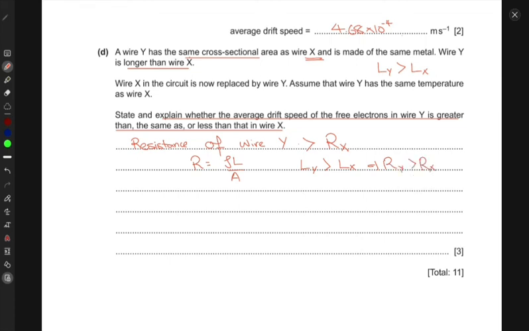So the resistance is high, which means that the current in the circuit will decrease. The current with wire Y will be less. If this current decreases, then we know that the drift speed, which was I over nqA, would decrease, because the value of current is decreasing. So this implies that the drift speed decreases.